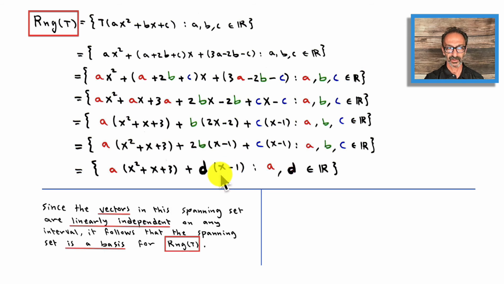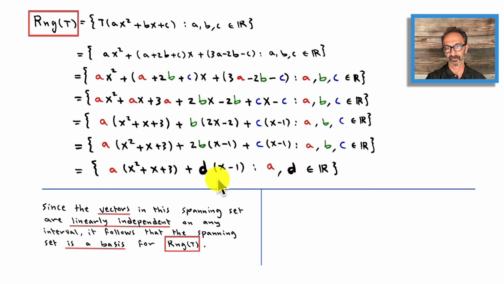Since the vectors in this spanning set are linearly independent, you can tell that they are not scalar multiples of each other. Linearly independent means I can't get one of them by multiplying the other one by a scalar.